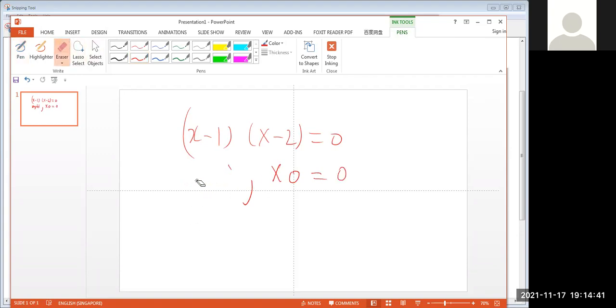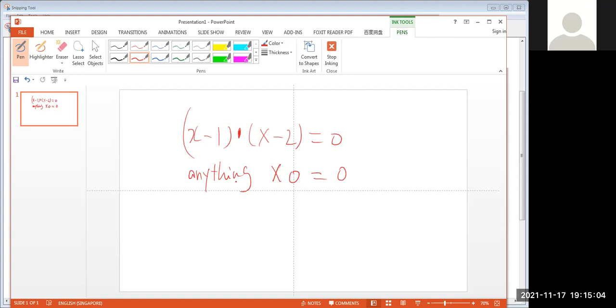So let me write it properly. Anything times 0 is equal to 0. So this means, by the way, there is a times in between. I just use a dot, okay, to represent the times. So I don't confuse you with times and x, right? So anything times 0 equals to 0.